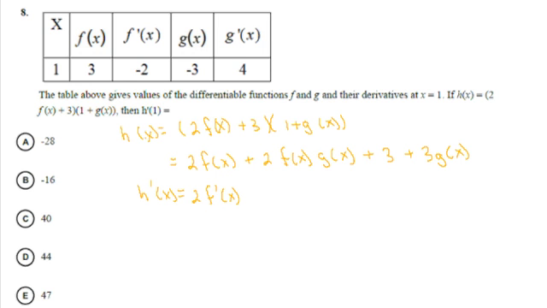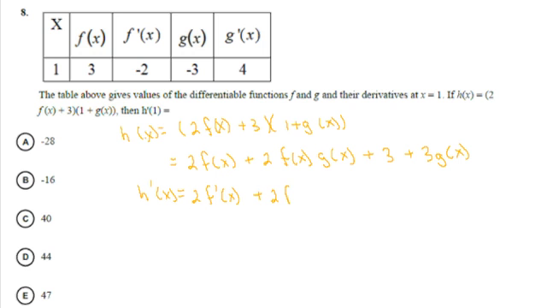Using our properties here, we have a constant multiplied by that, so the derivative is just going to be the constant multiplied by the derivative. And now we can use our product rule.